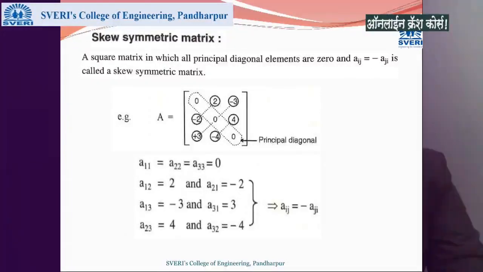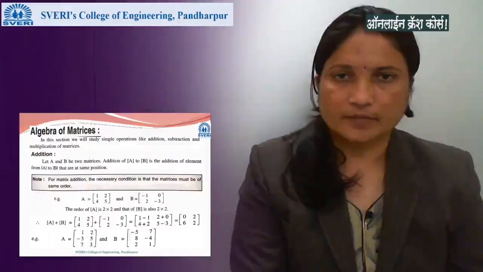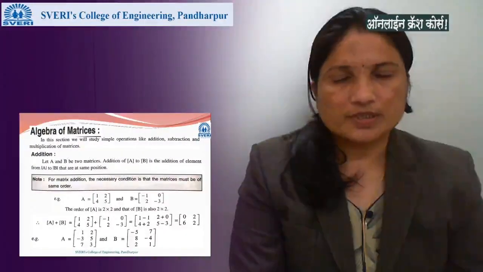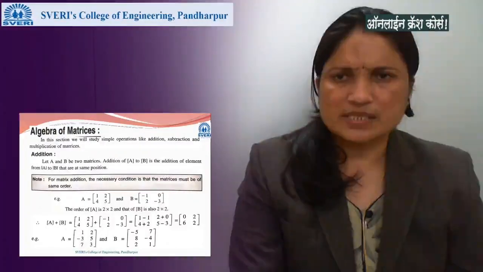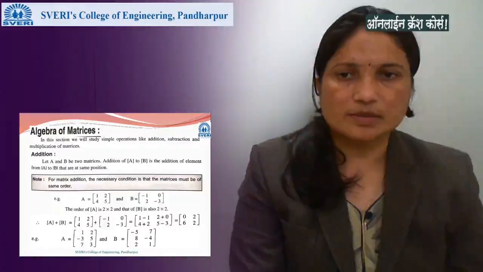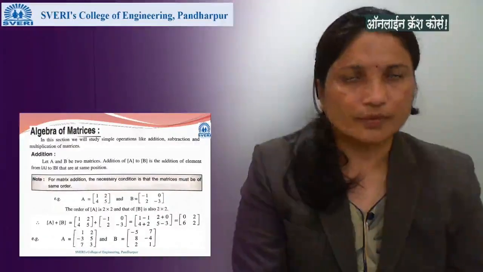A23 is equal to 4 and A32 is equal to minus 4. That means Aij is equal to minus Aji. Now after this we are going to see algebra of matrices. Means here we are going to see simple operations like addition, subtraction and multiplication of matrices.